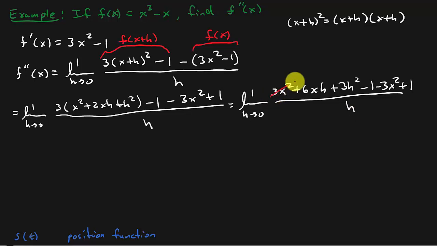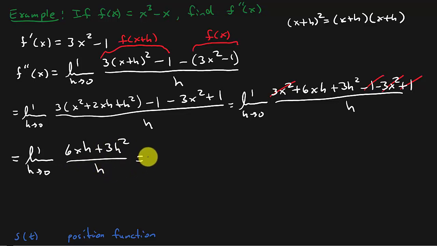Then we can see that the 3x squareds cancel and the 1's cancel. I am left with the limit as h goes to 0 of 6xh plus 3h squared over h. Then I can factor out an h: h times 6x plus 3h over h.